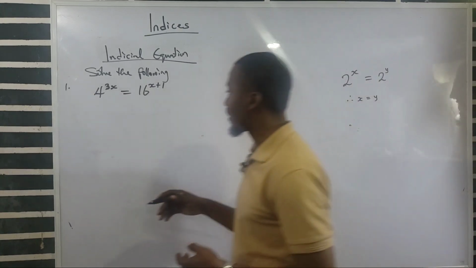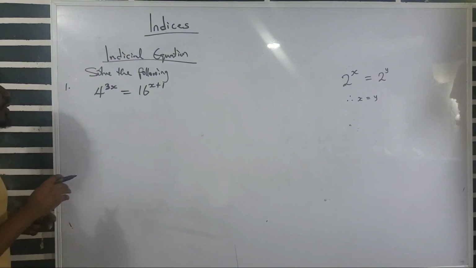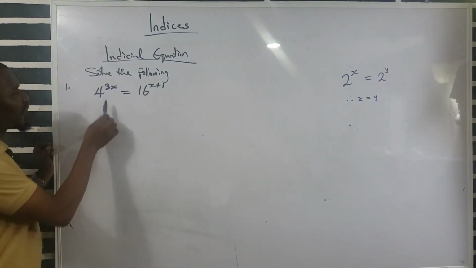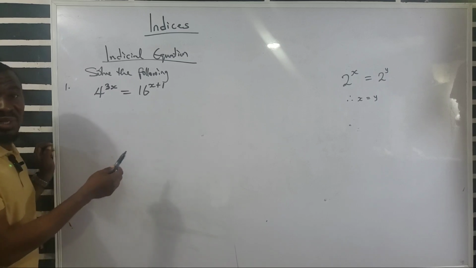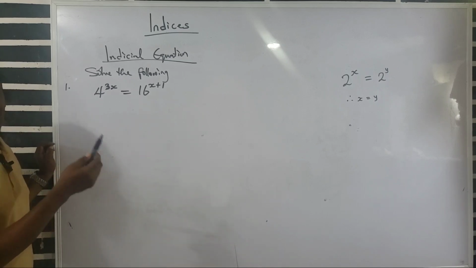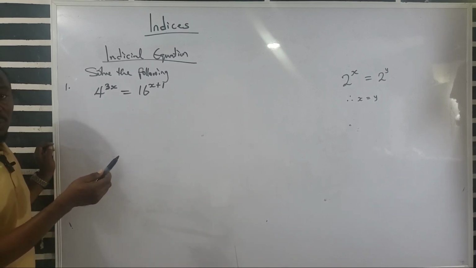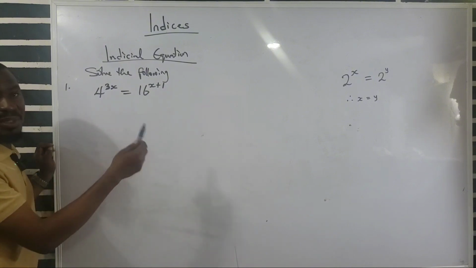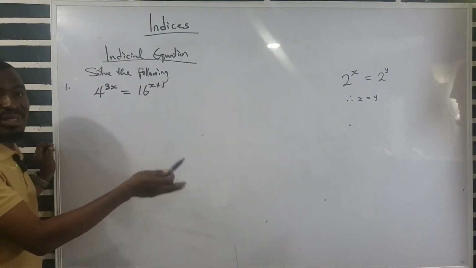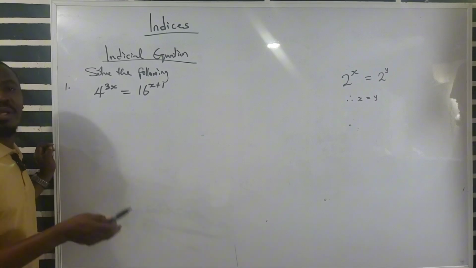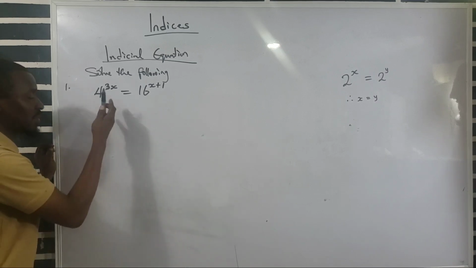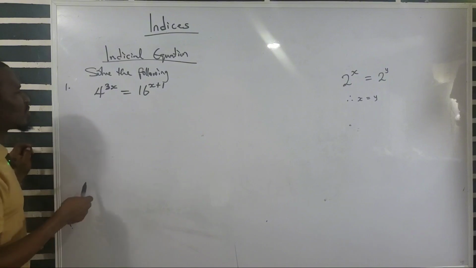So let's apply that here. So put this in lowest base. Now putting 4 in lowest base as 2 will just prolong the solving of the problem, because 16 can actually be put in base 4, which is 4 raised to power 2. But if you don't want to solve like that, you can as well use 2. So let us use 2.